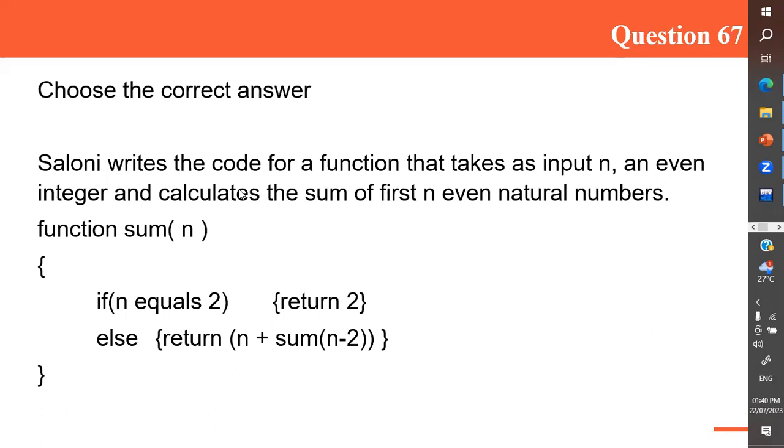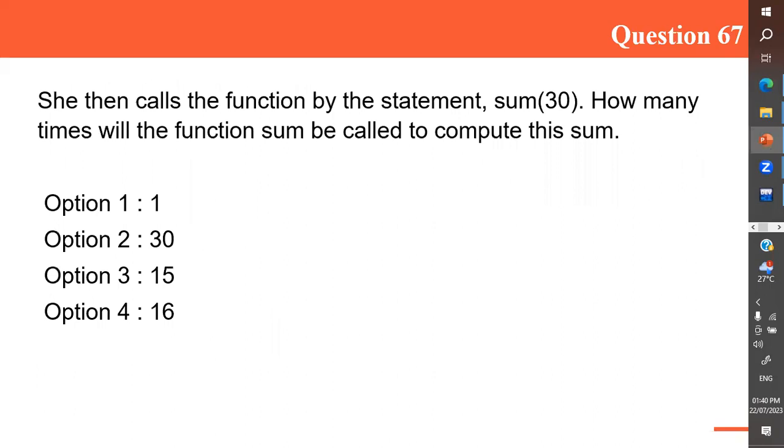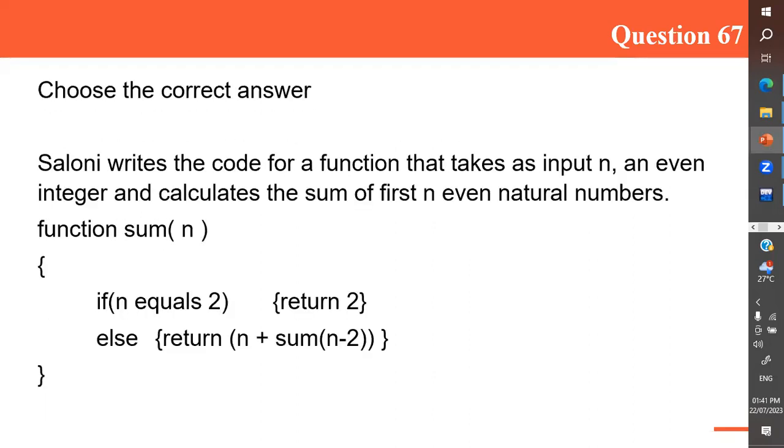First even natural numbers we are calculating, the sum of first even natural numbers. This is what is written. Just see that. If I call the function with sum of 30, how many times will the function be called? Number of times it is called for 30. If 30 is the input, how many times we called is what you have to think.